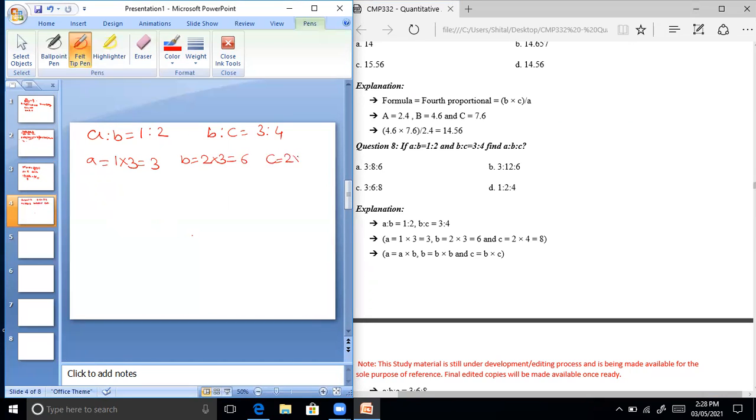And C equals 2 into 4, that is 8. So A:B:C is 3:6:8. C is the right option.